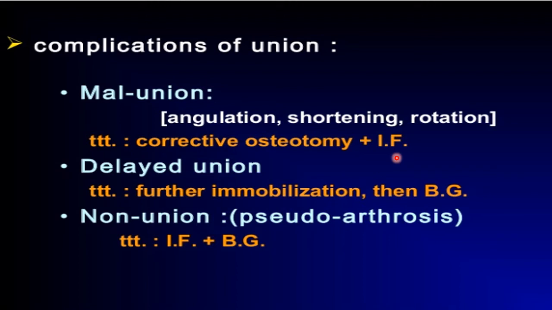In case of delayed union, the fracture is healing, but it is not healing at the speed that you would expect. Sometimes immobilizing the limb for a longer period, another few weeks, helps.